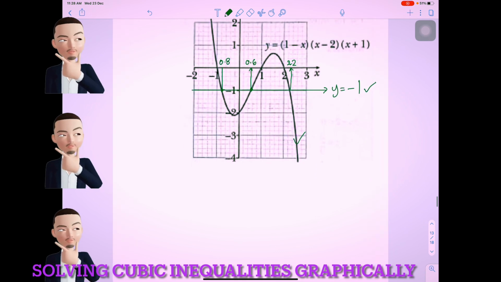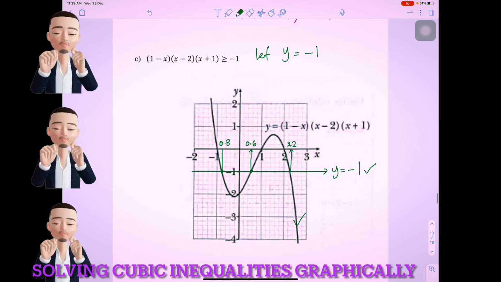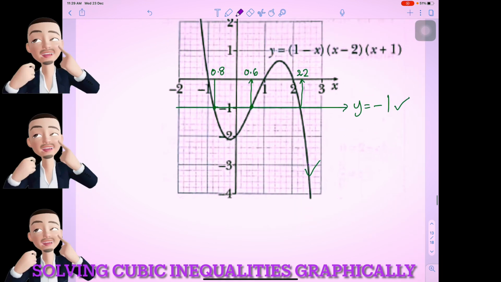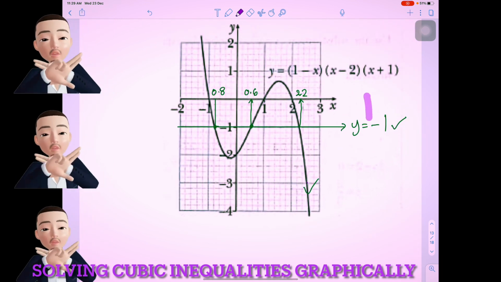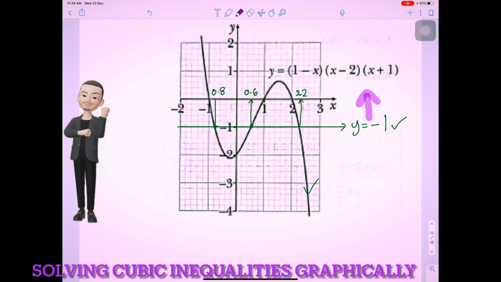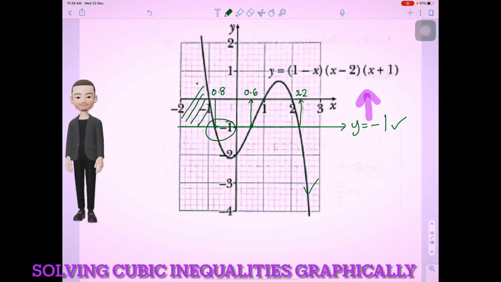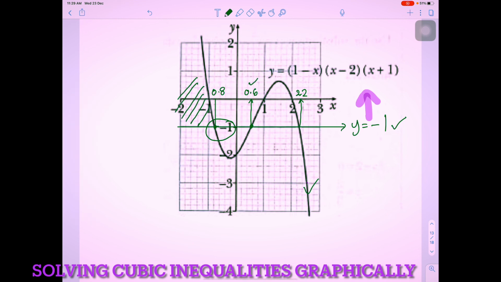And then step 3: because the inequality is greater than negative 1, we shade above the line y equals negative 1. So for negative 1 and 0.8 we shade like this, and between 0.6 and 2.2 like this.